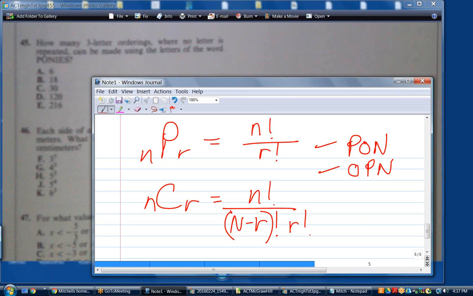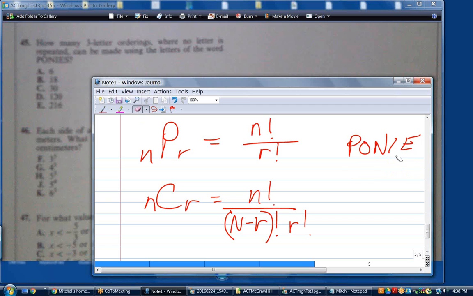I can have it as the 3rd heart. So in poker, these 2 things are the same thing. If I have PONIE, I have a flush because I have those 5 letters. If I have OPNEI, I still have the same exact flush. Order does not matter.